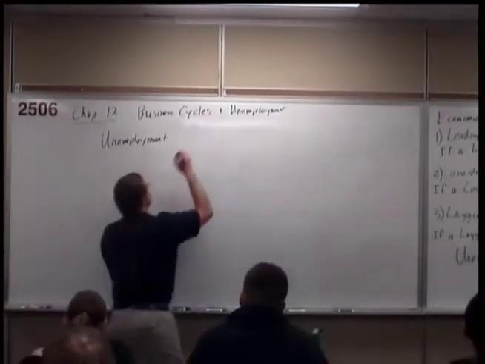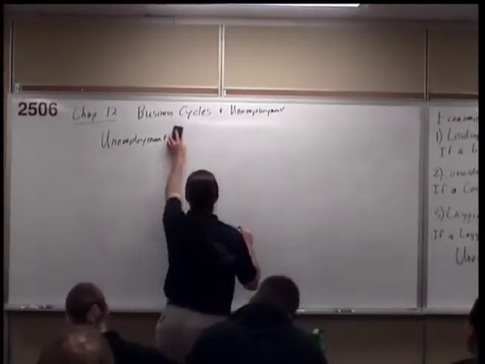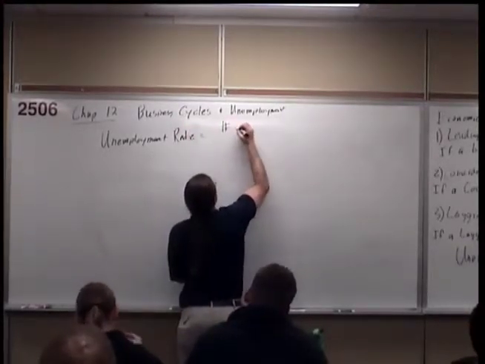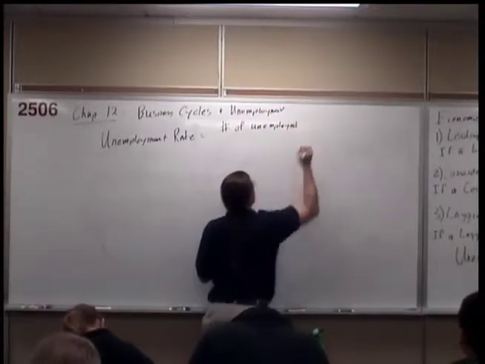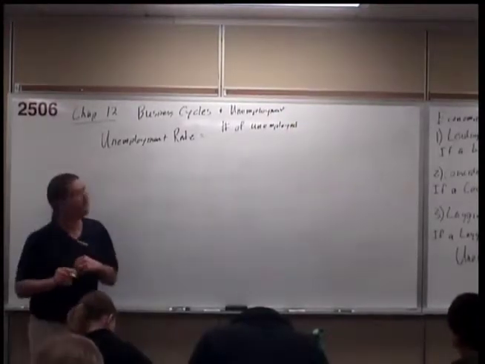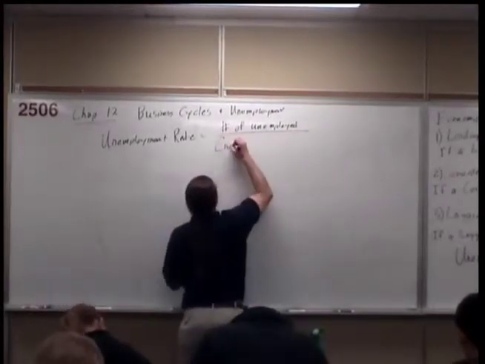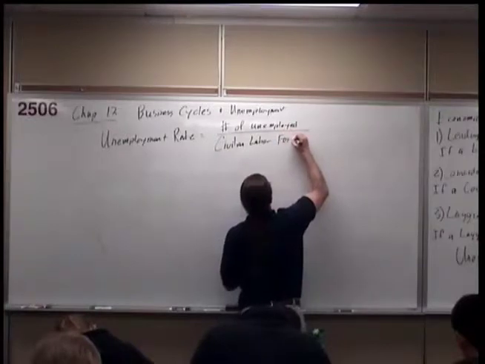Well, technically the way you measure the unemployment rate, the unemployment rate is equal to the number of unemployed workers in the economy divided by what's known as the civilian labor force.